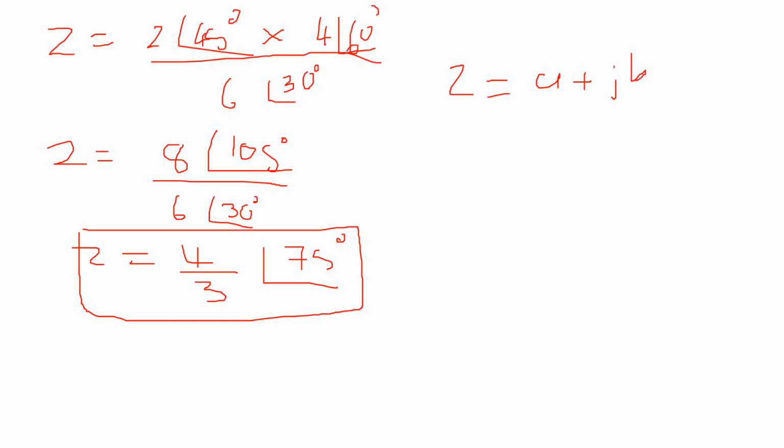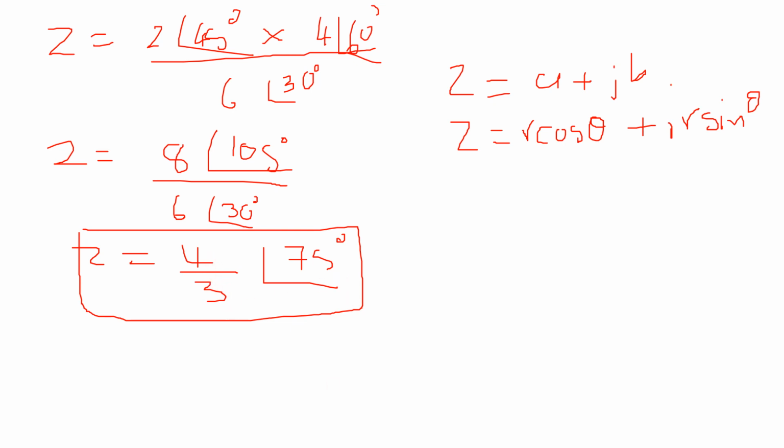Normally, when you have your resultant like this, to get the real part you say the resultant multiplied by cos of the angle. For the imaginary part, you say J multiplied by the resultant times sine of the angle. Here we have the resultant as 4 over 3 and the angle as 75.